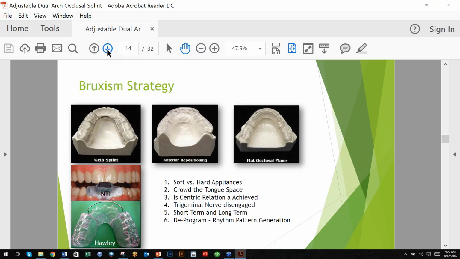Are you going to mitigate the strength of bruxism by an NTI type device? The strategy there is to disengage the trigeminal nerve and the parafunctional EMG activity that's occurring, and therefore it dramatically reduces the strength involved in the activity, and it helps people, quote unquote, kind of break the habit of teeth grinding.